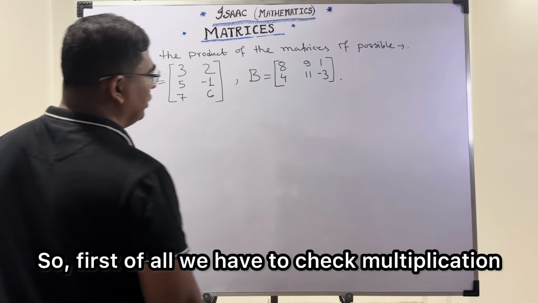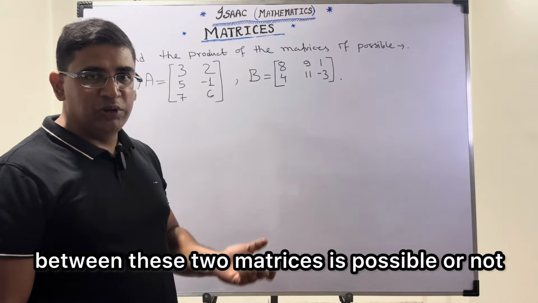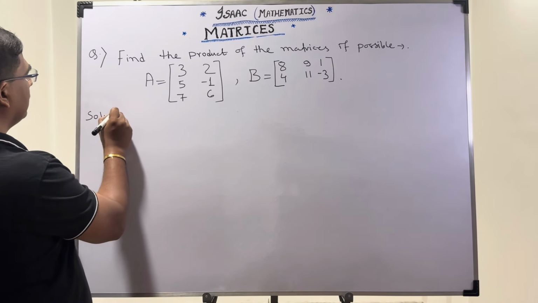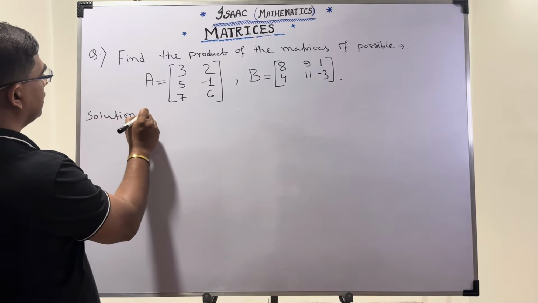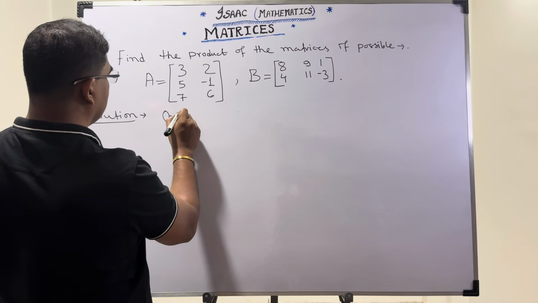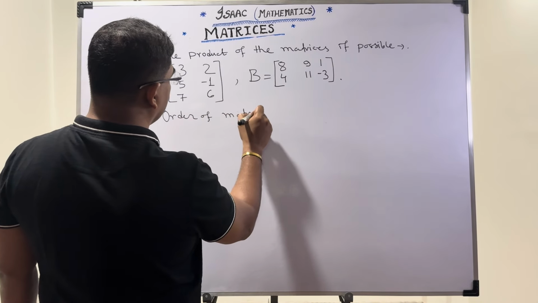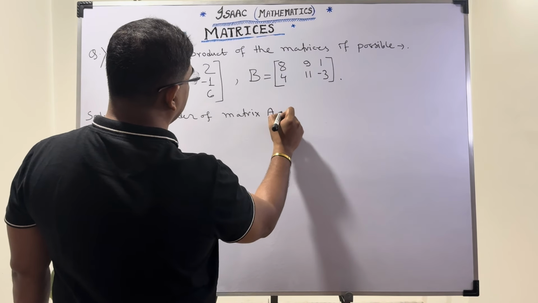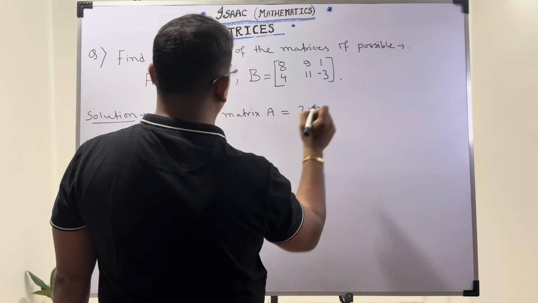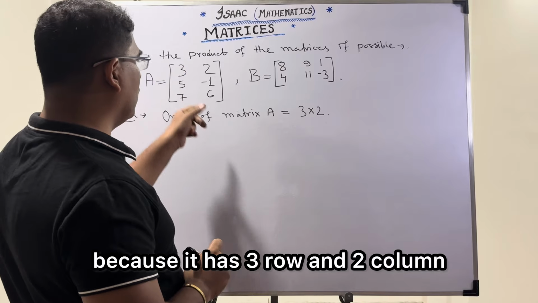So first of all we have to check whether multiplication between these two matrices is possible or not. Order of matrix A is 3 by 2 because it has 3 rows and 2 columns.